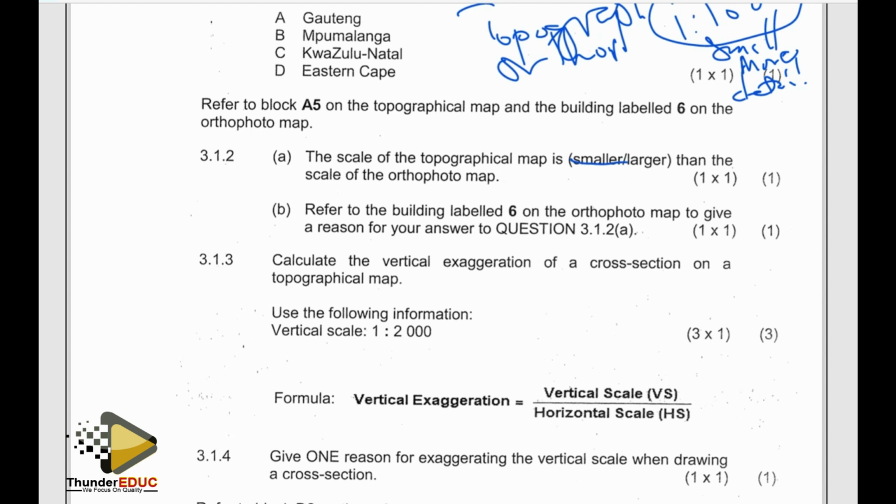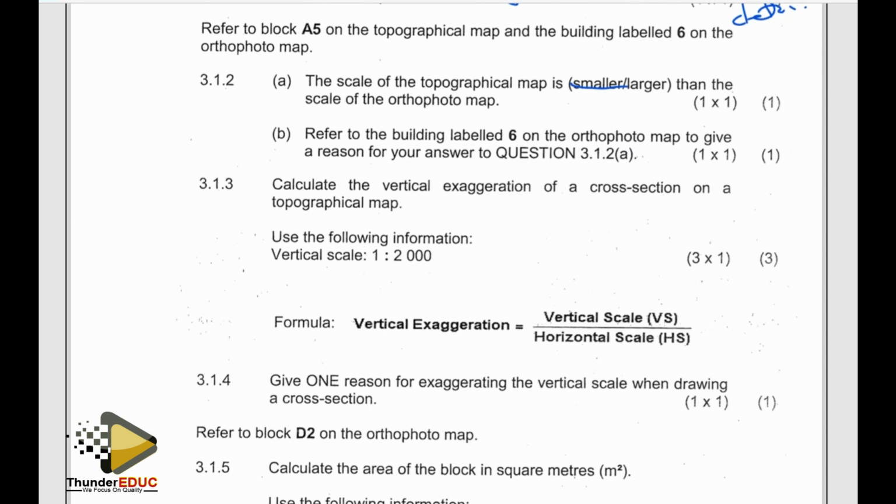Right. Calculate the vertical exaggeration of a cross section on a topographical map. Use the information: vertical scale is 1:2000. Then the formula is vertical exaggeration equals vertical scale over horizontal scale.